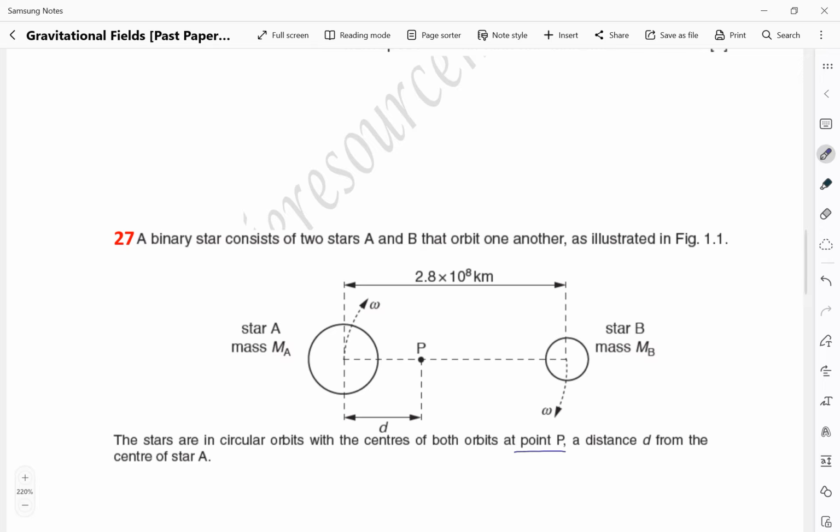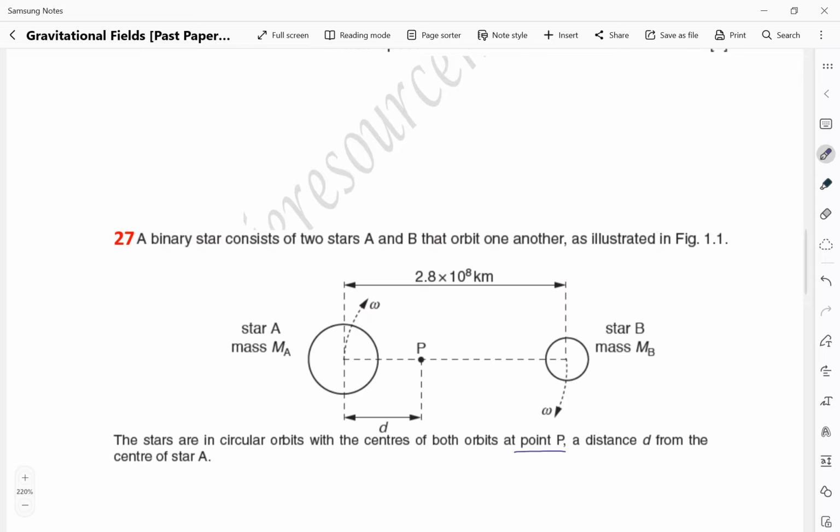Now, what is providing this centripetal force? I think the gravitational force of star A provides the centripetal force of star B, and the gravitational force of star B provides the centripetal force of star A. By Newton's third law, the force of attraction between the stars is equal but opposite.